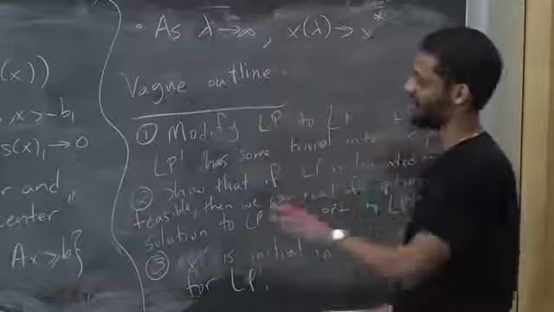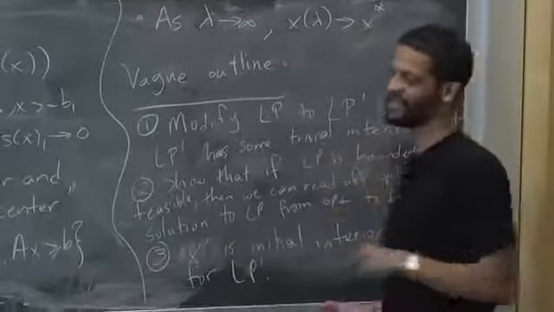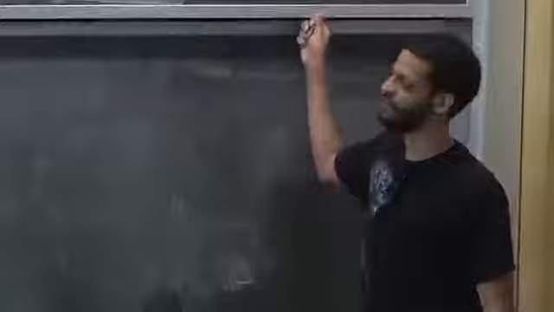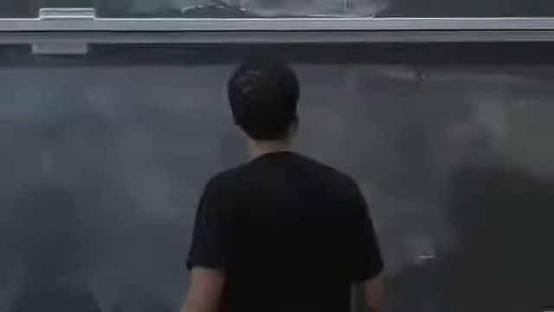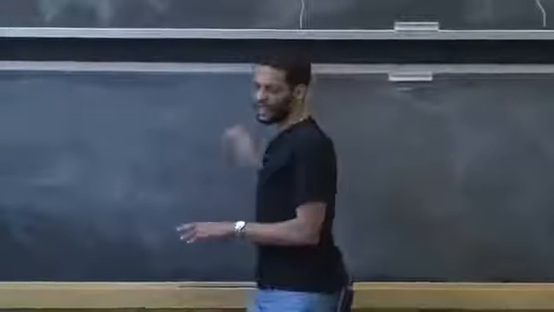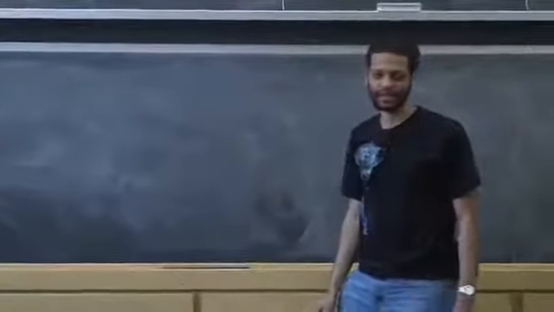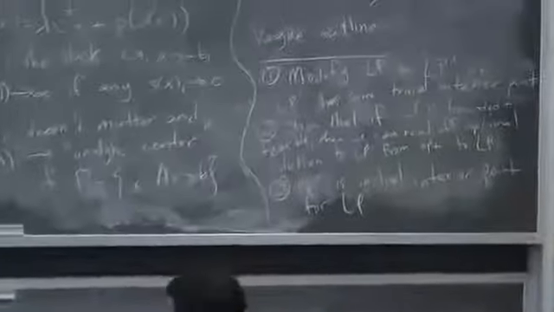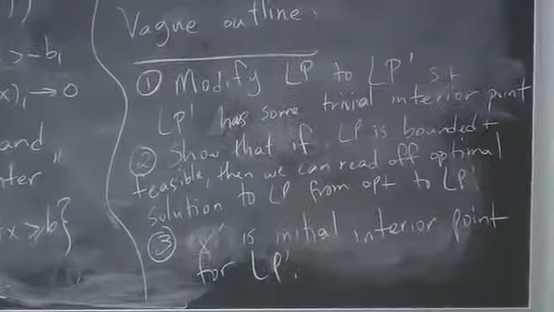Everything I'm writing, by the way, is the vague outline, okay? So I will start being a little more specific right after I write this. So let's say we have some initial interior point for LP prime. I didn't tell you how we do this modification, but I'll tell you later how we do this, okay? But let's say that there is some LP prime that it suffices to minimize that instead, to optimize that instead.